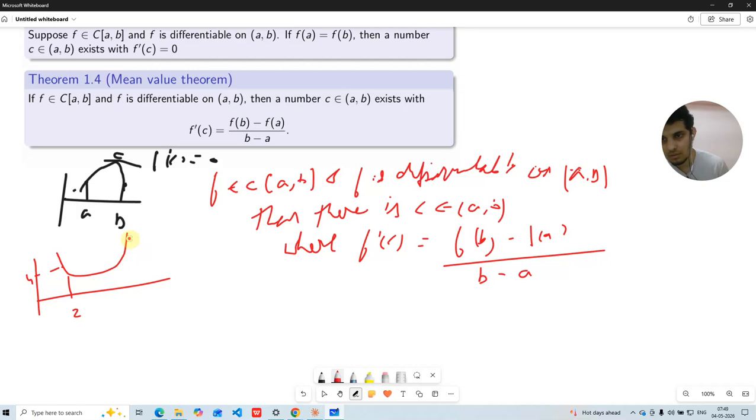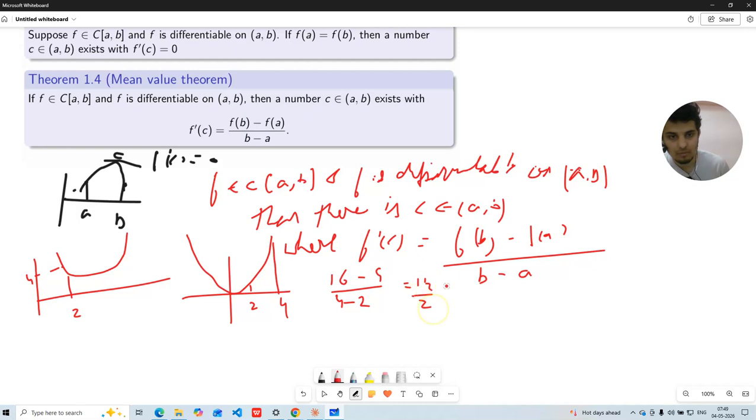So f(b) minus f(a) upon b minus a is 16 minus 4 upon 4 minus 2, which is equal to 12 by 2, equal to 6.